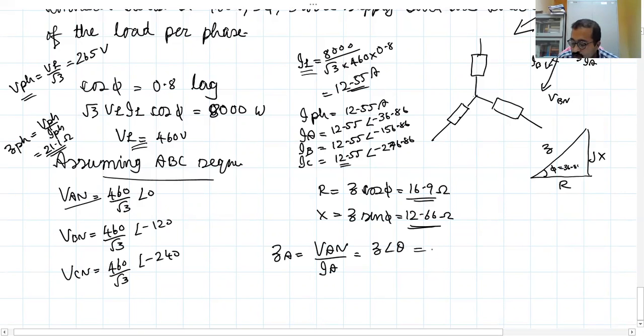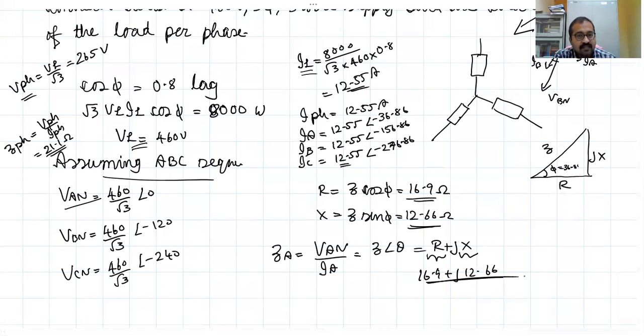Convert this into rectangular coordinates and you will get the resistance and the reactance. So your impedance must be around 16.9 plus j12.66. In this way, you can identify the circuit constants. We'll stop here, and in the next class we will take up the delta configuration. Thank you.